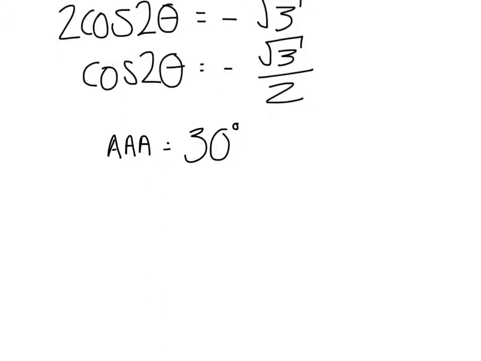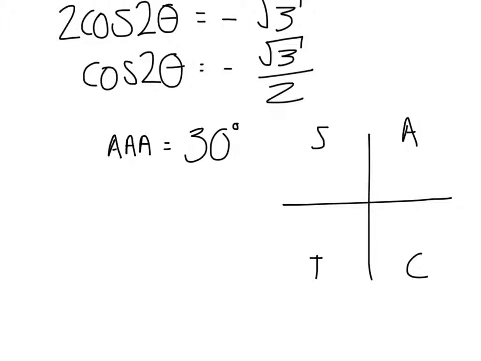So using our associated acute angle, we can now draw our cast diagram. So put that at the side. Our quadrants are all, sine, tan and cos. Since we have a negative, that means we are working with the sine and the tan quadrants, which means the angle we'll be looking for is the one in here, 180 take away 30, and the one in here, 180 plus 30.